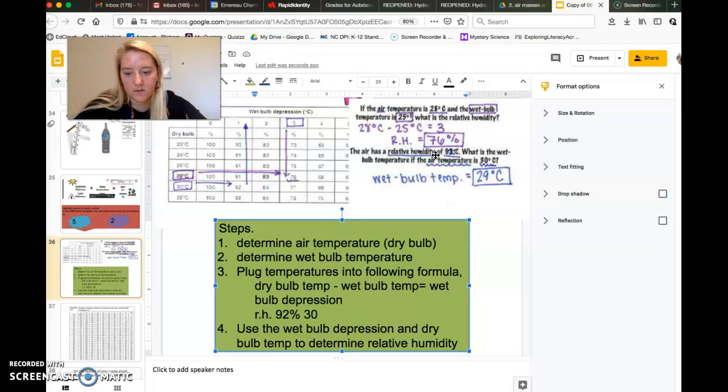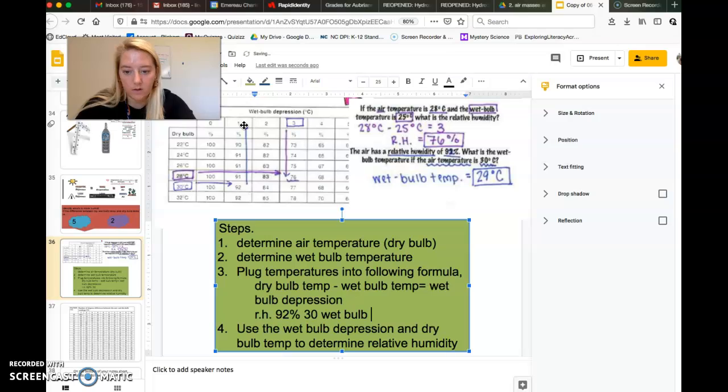For this one, we're going to have to identify where 92 and 30 degrees Celsius match on our graph right here. So we go to 30 degrees Celsius and scan to the right until you find 92, which is right here. Then we go up and see what our wet bulb depression is, which is 1.